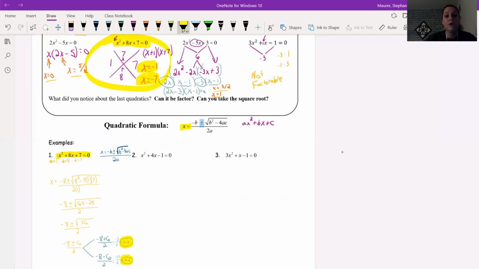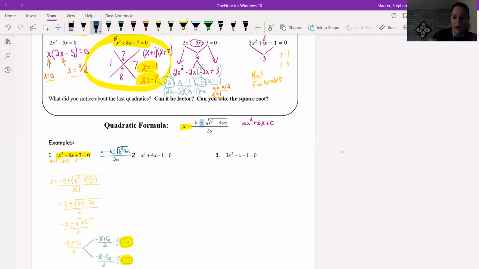So one of the things you should know about the quadratic formula is that it works on all quadratics. It's the one thing that works all the time. The x method only works when a equals 1. The AC method works when you can do the a times c. GCF works sometimes. The quadratic formula works all the time.